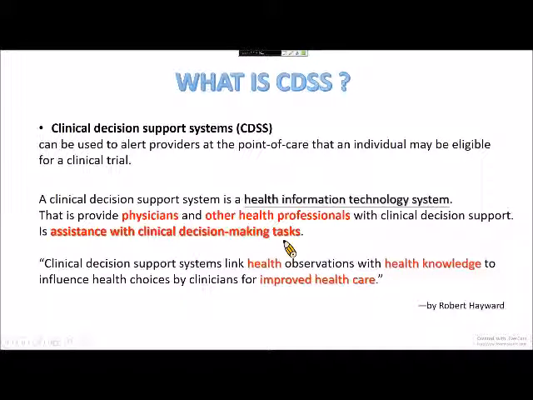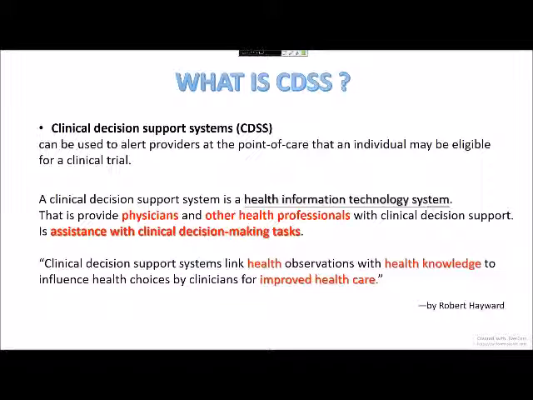What is CDSS? CDSS is the Clinical Decision Support System, and CDSS can be used to alert providers at the point of care that an individual may be eligible for a clinical trial.